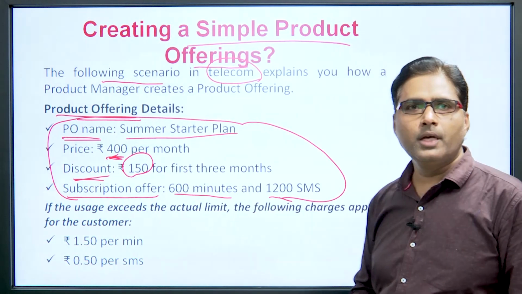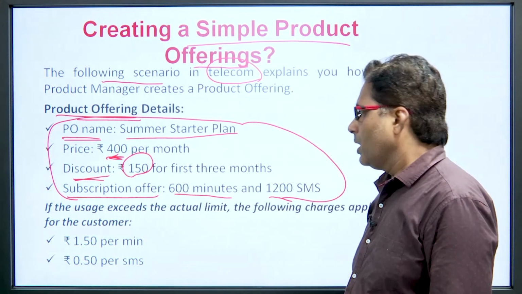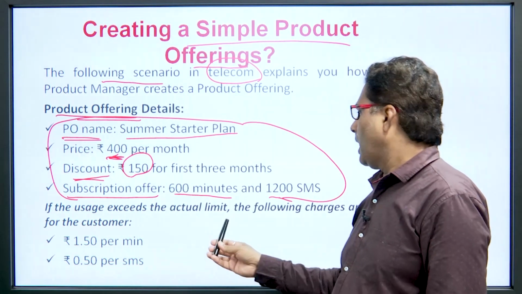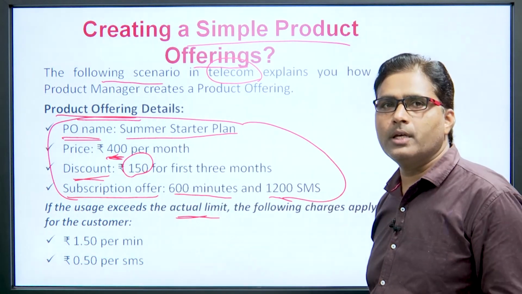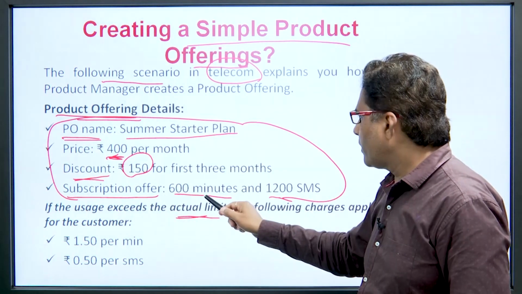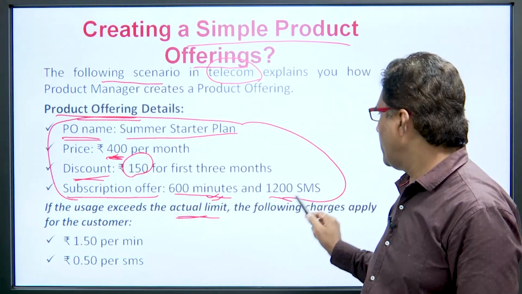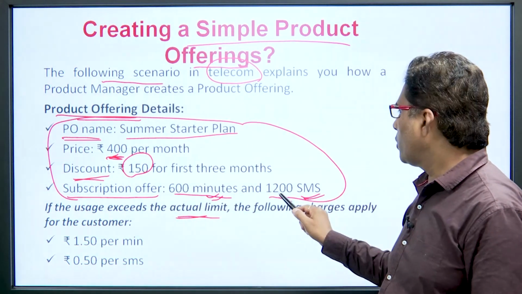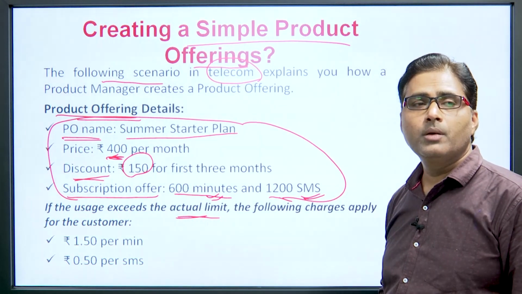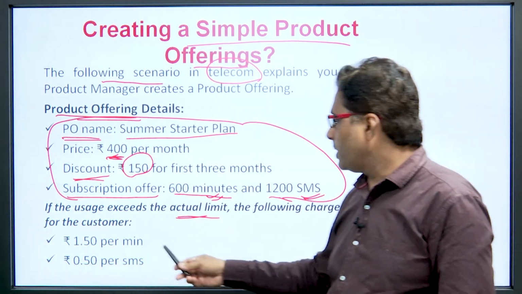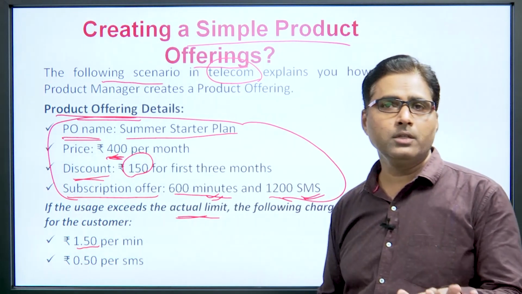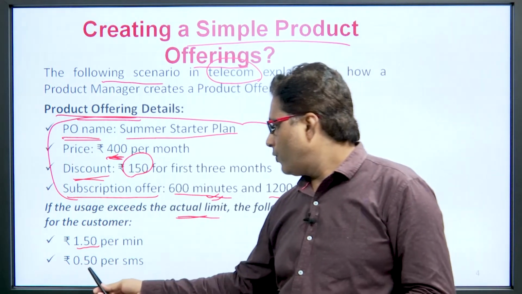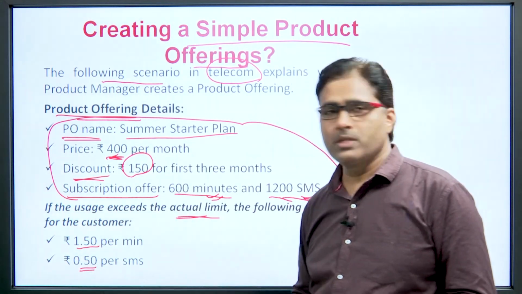Including this, there may be some other charges. After the actual limit of usage, after 600 minutes and after having used 1200 SMS, the company may offer 1 rupee 50 paise per minute for calling and 50 paise per SMS.